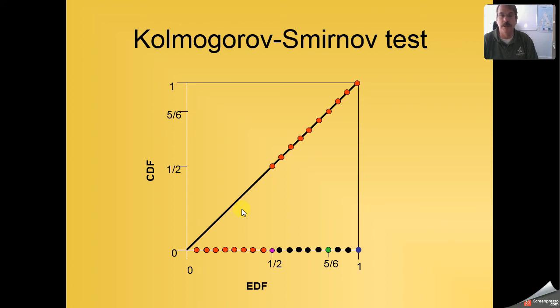The question is, how big is that discrepancy? Our QQ plots don't give us a number. It doesn't quantify the fit to say that fit is really bad or extra bad or utterly bad or horribly bad. It simply gives us a picture. That's what a QQ plot does. It's a plot. It's a picture.